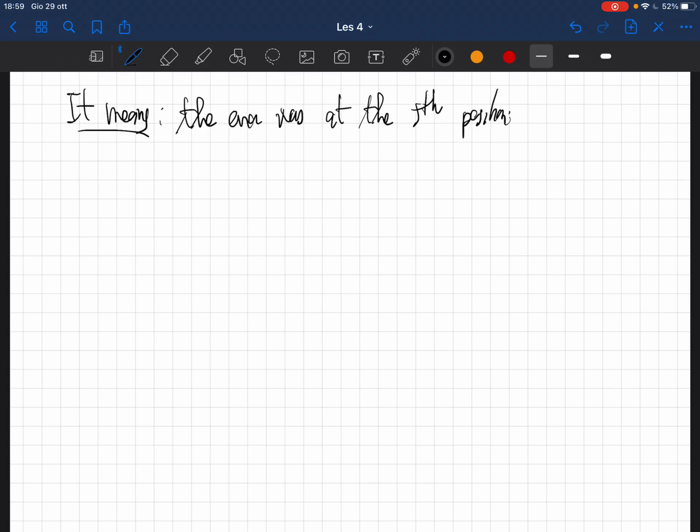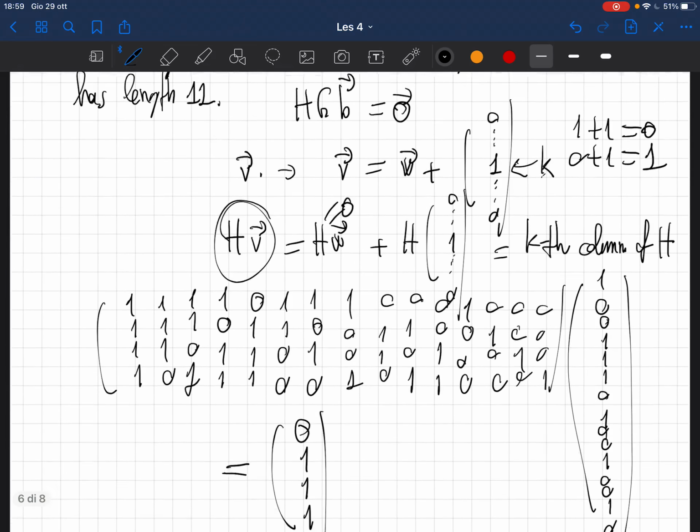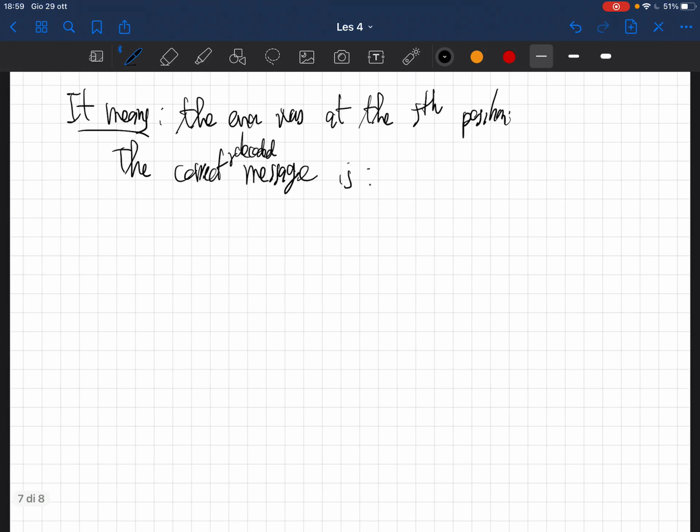So we know the correct message. The correct decoded message is, I mean, it's just change the fifth number.